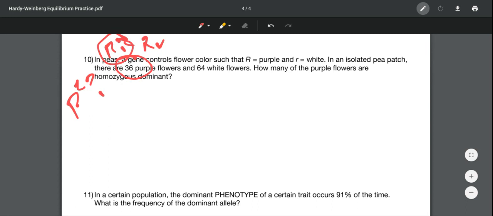What I do know is 36 plus 64 is 100 total flowers. Out of the total 100 flowers, 64 of them are white, which is the little r. So little r is 64 out of 100, or 0.64.